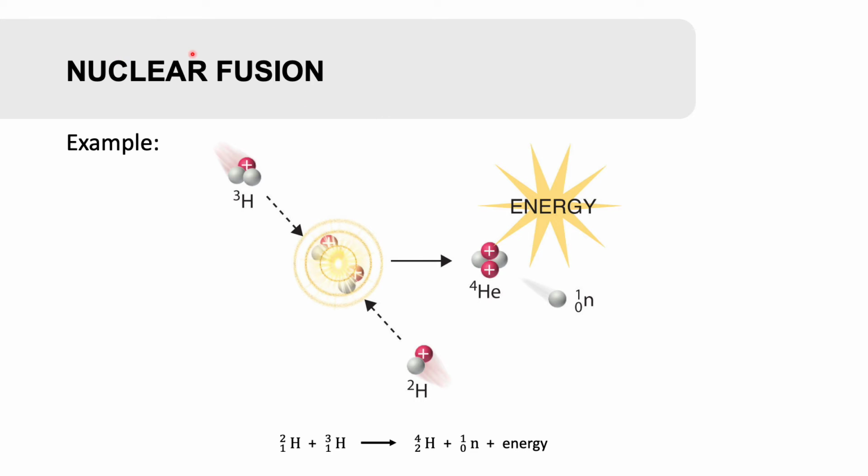This nuclear fusion reaction can be written as an equation like this, in which the deuterium and the tritium combine with each other to form a helium, neutron, and energy.